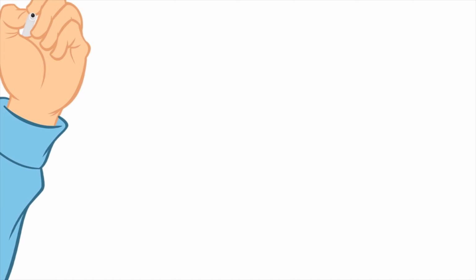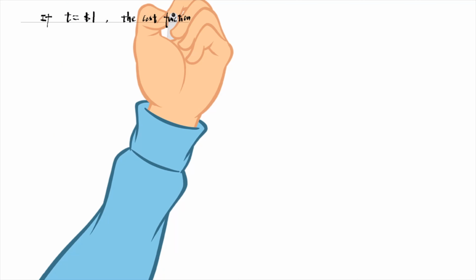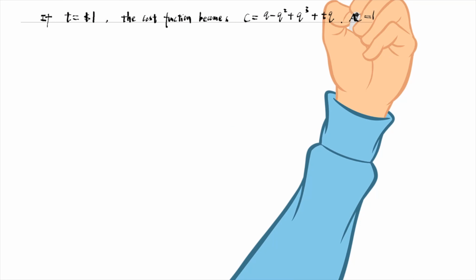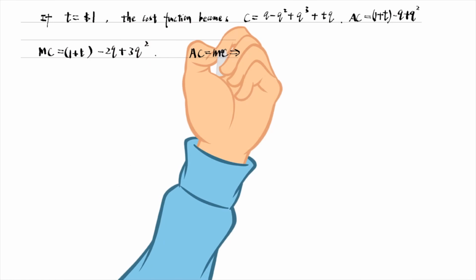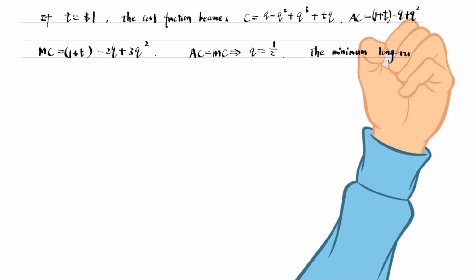If a tax of $1 per unit is collected from each firm, we can rewrite the firm's long-run cost function and then follow the same steps to find the answers.